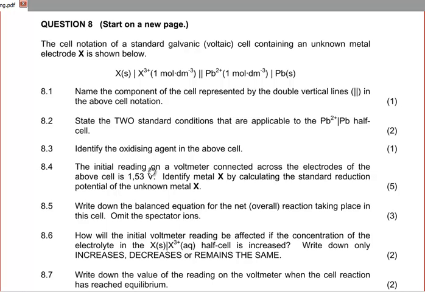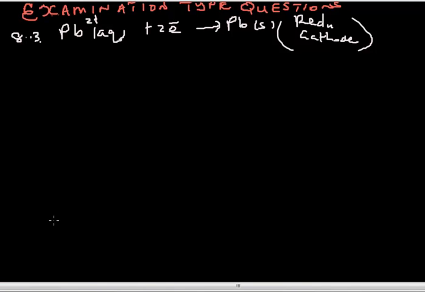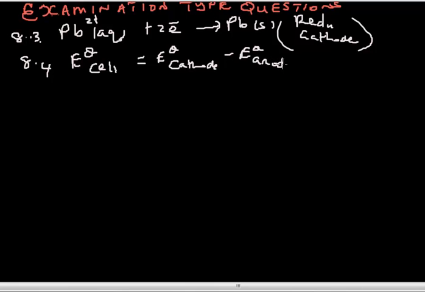Now let's go to question 8.4. The initial reading on a voltmeter connected across the electrodes of the above cell is 1.53 volts. Identify metal X by calculating the standard reduction potential of the unknown metal X. When we want to calculate the electrode potential of a cell, we take the electrode potential of our cathode minus the electrode potential of our anode.